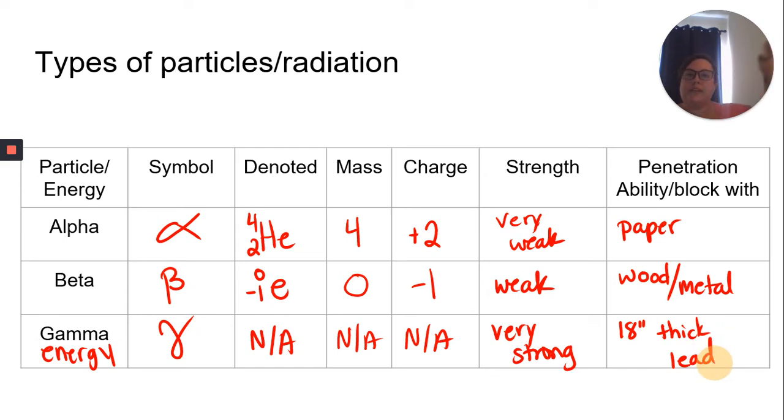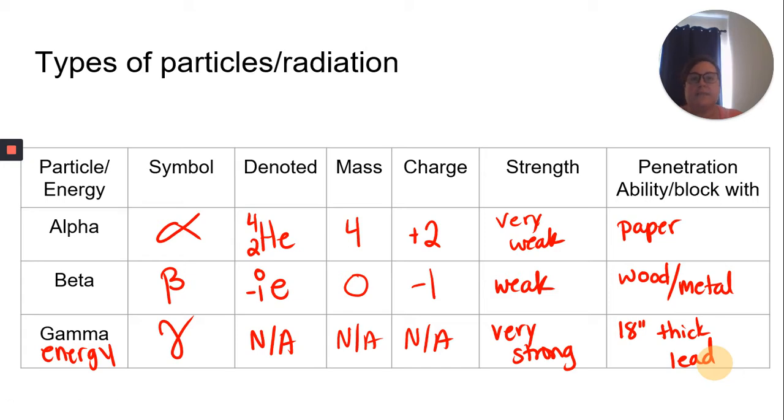So you would have to build yourself 18-inch thick walls, ceilings, floor to protect yourself from gamma radiation. And so that's not something that's actually feasible, which is why we don't want to use nuclear arms when we go to war, or anytime really.